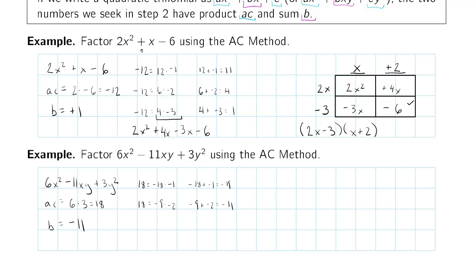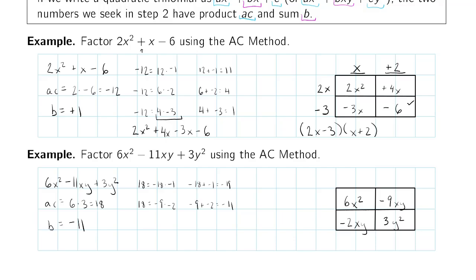So I'm going to split up my middle term as negative 9xy minus 2xy. And so when I factor by grouping, my first and last terms are 6x squared and 3y squared. And then my middle term splits up as negative 9xy and negative 2xy.